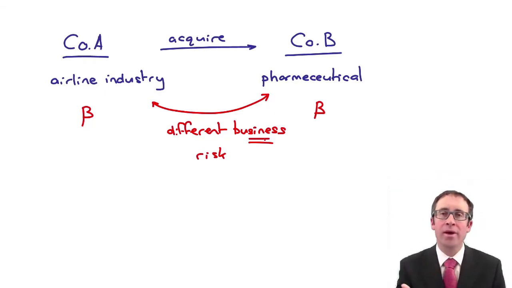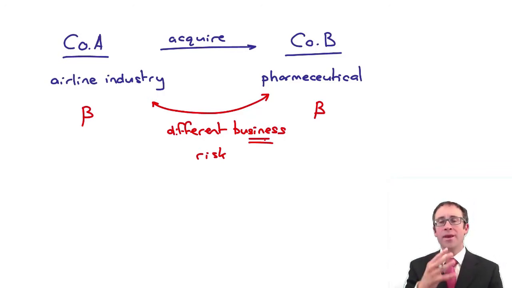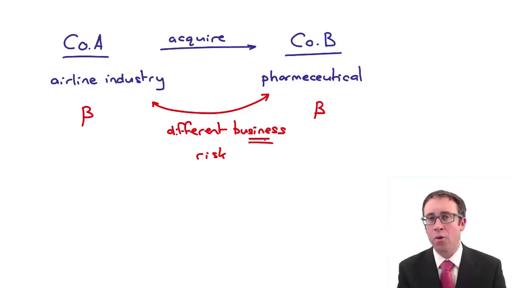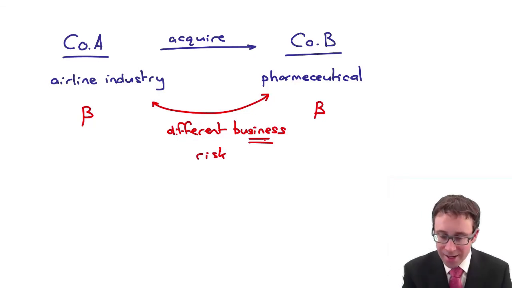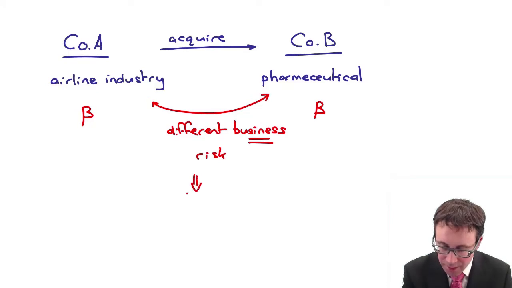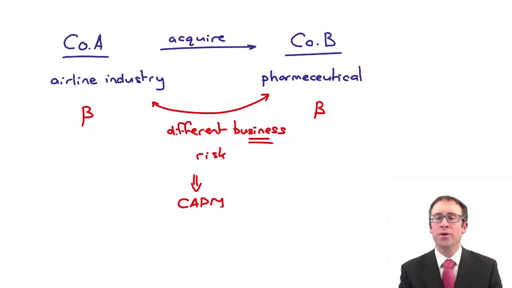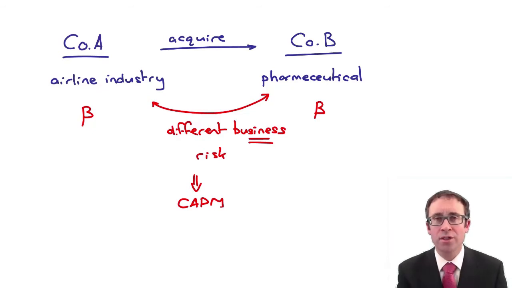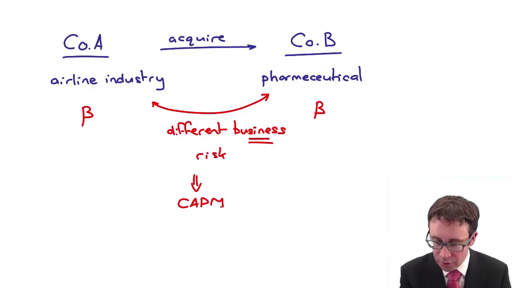Now we need to incorporate it slightly. If company A is looking to acquire company B, it's going to have to appraise that project. It will appraise that acquisition using CAPM, won't it? What we need to do is appraise that new project using the business risk of the pharmaceutical industry.